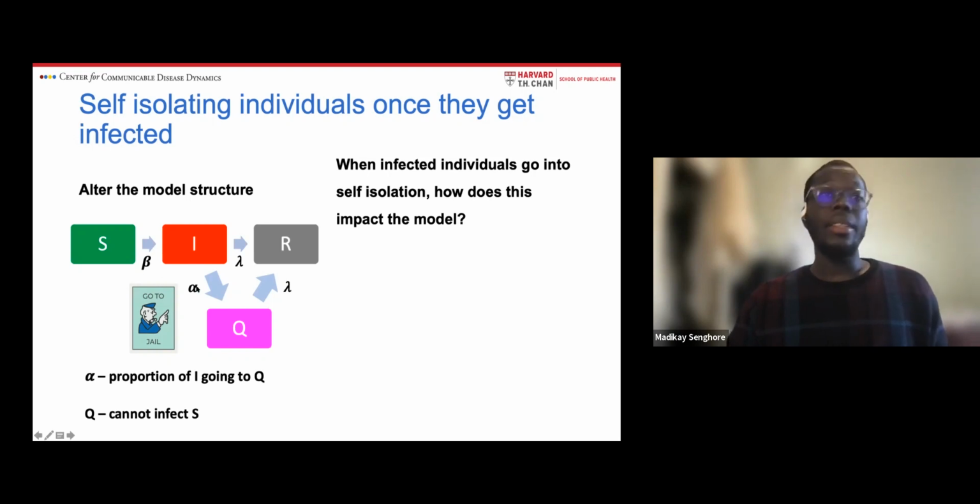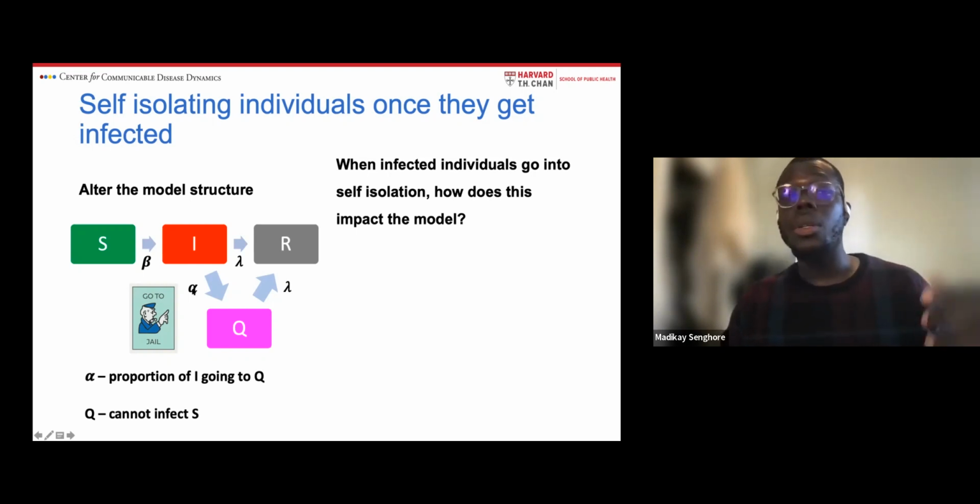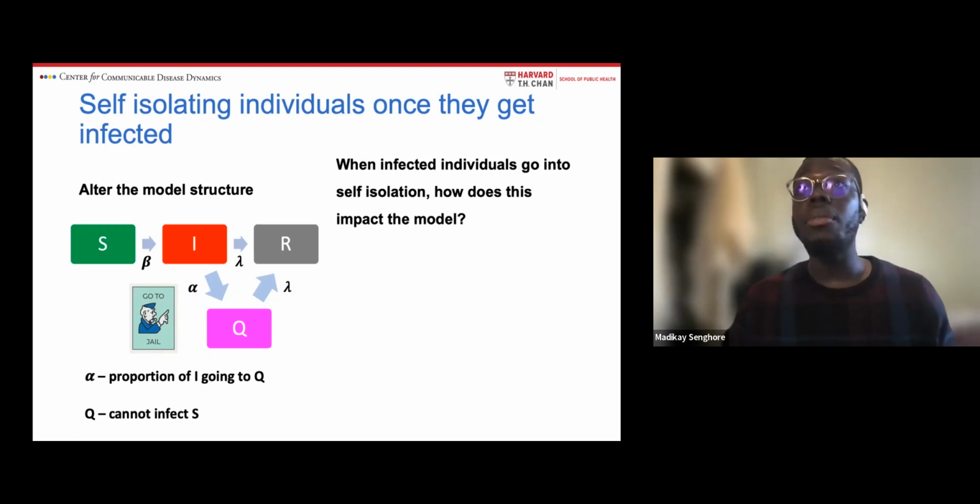And this is going to happen at a rate of alpha, for example, taking into consideration that not everyone who tests positive is going to go into self-isolation. And then they're going to recover as well into the R compartment.